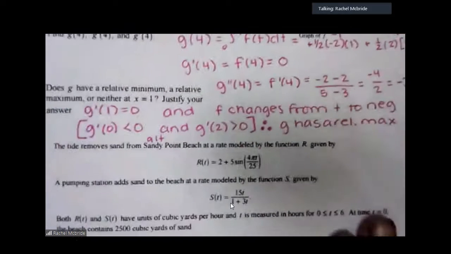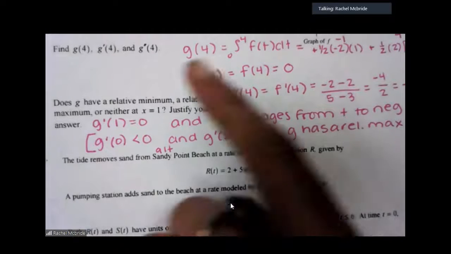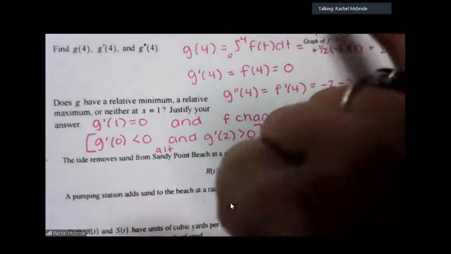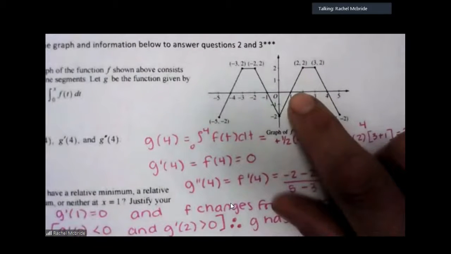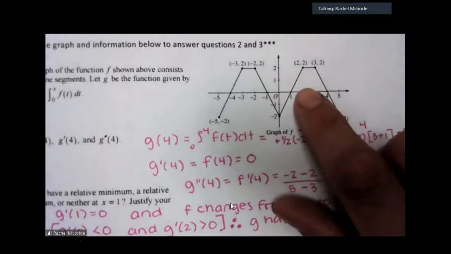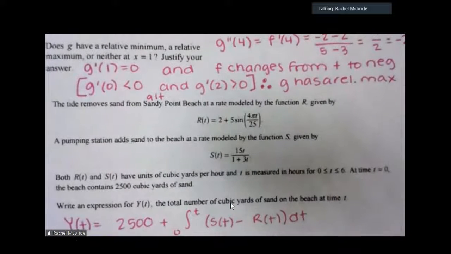And then part 3, does g have a min, max, or neither? So what you do is you go to the graph to start and say, okay, this graph represents the derivative. So at 1, g prime is 0. If the derivative of a function is 0, then it's a critical point.